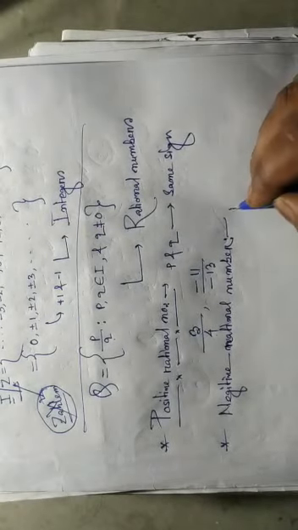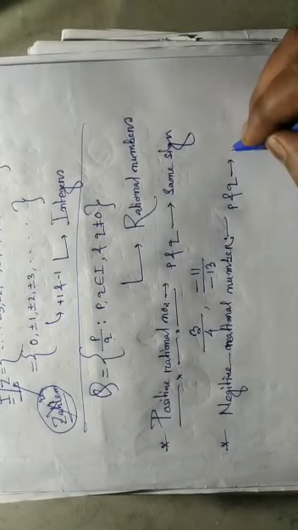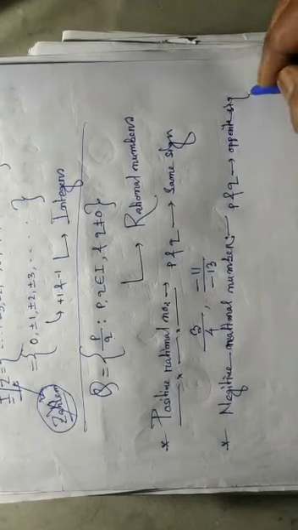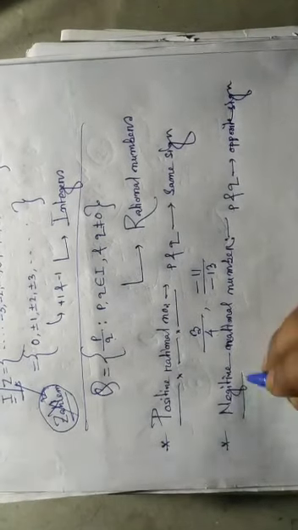Okay, next thing, negative rational number. So what is a negative rational number? If p and q are of opposite sign, then the number is called a negative number.